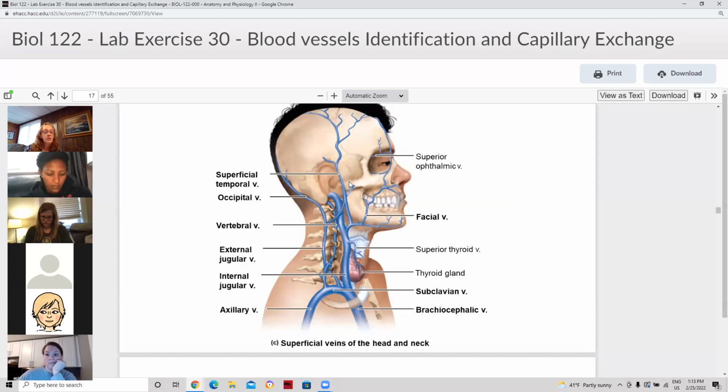The facial vein and the superior temporal vein are going to drain into the internal jugular vein, and I apologize, the internal jugular vein is going to drain the brain and the face. The external jugular vein is just draining the back of the head and part of the face.